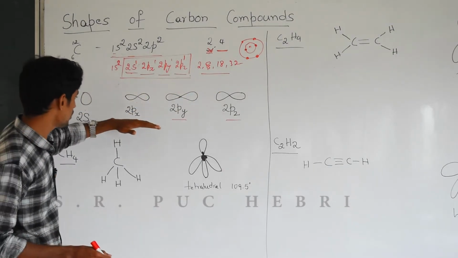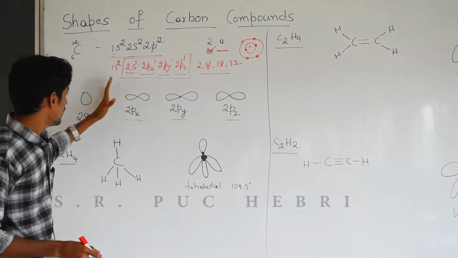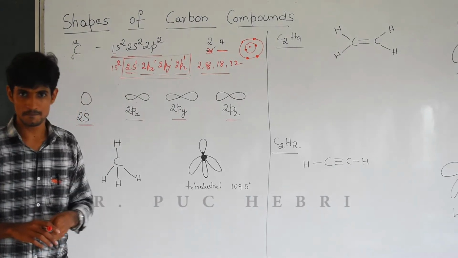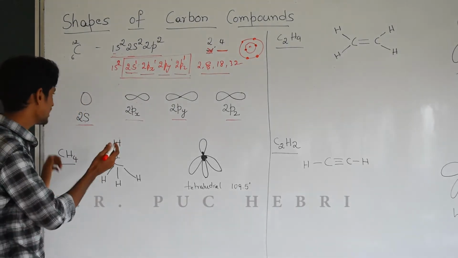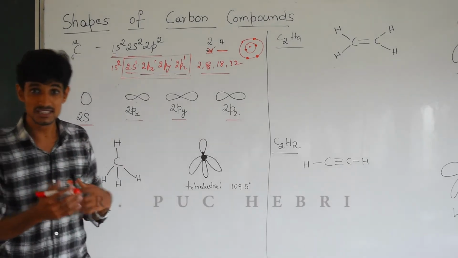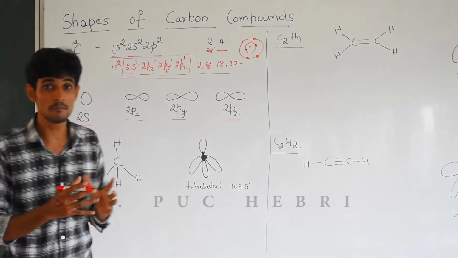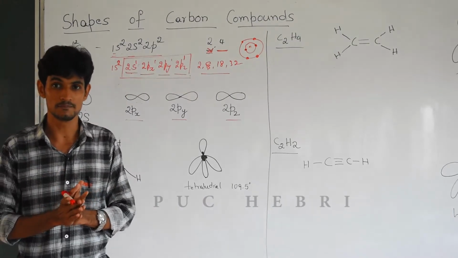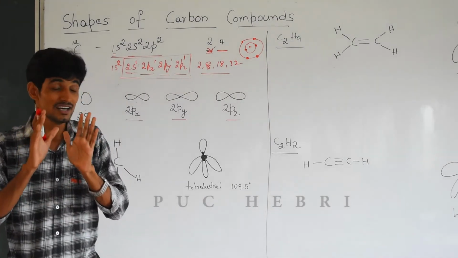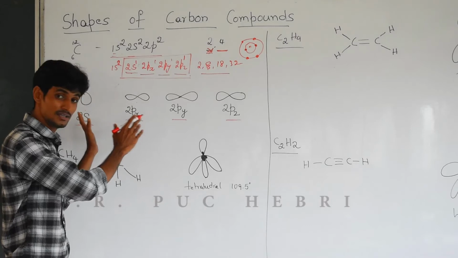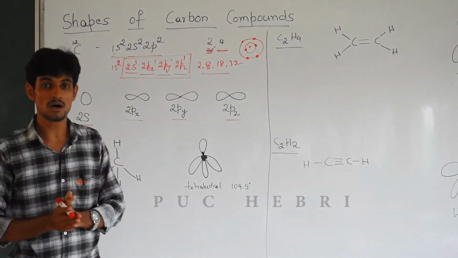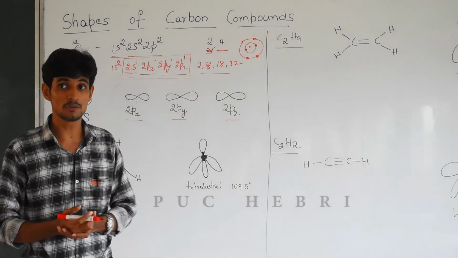In order to form bonds, these orbitals are going to mix with each other and form a new orbital, that is called a hybrid orbital.